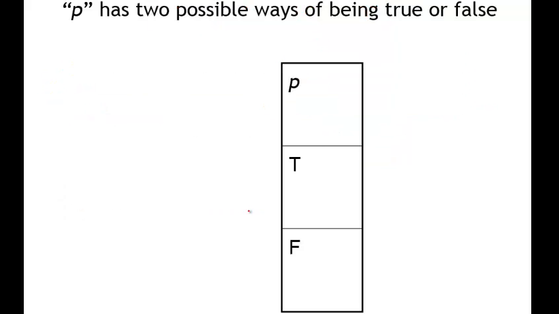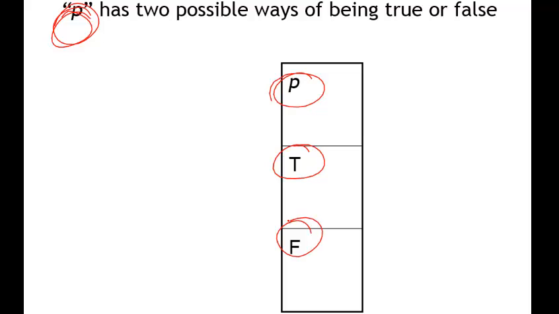We'll give variables for each of the declarative sentences. The variable P stands for some declarative sentence. That declarative sentence can be true or false, so P can either be true or it can be false.